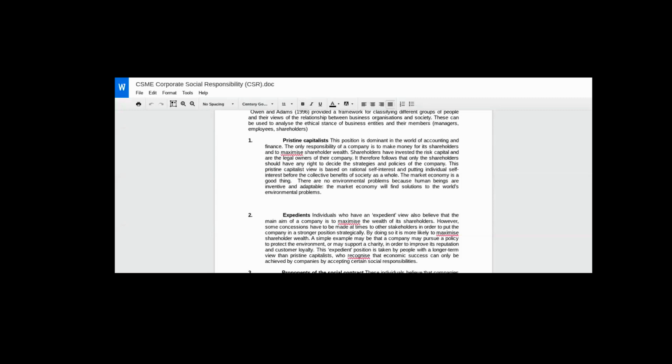They are saying that we still insist that government should be responsible for CSR to the society and not the company. In the pristine capitalist view, they said the only responsibility of the company is to make money for its shareholders and to maximize the shareholders' wealth. That is their position.